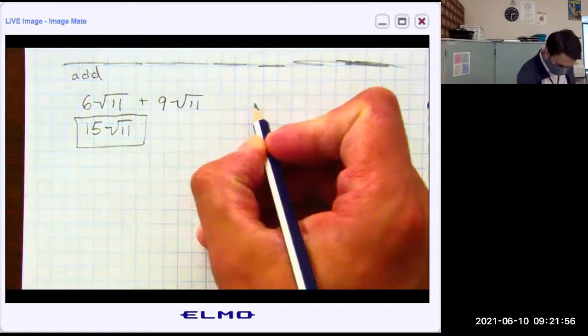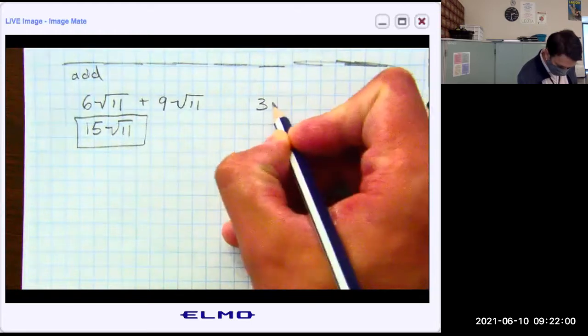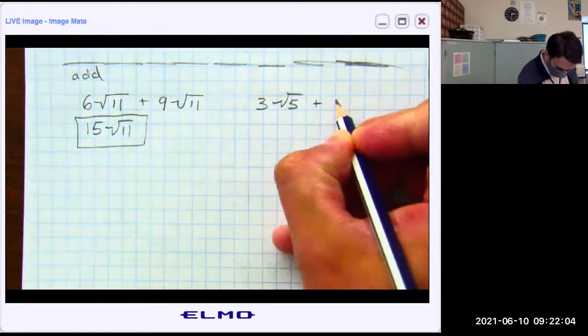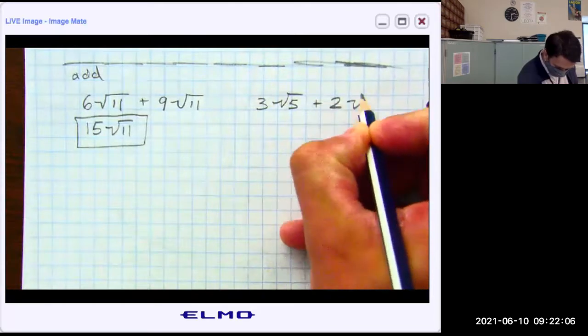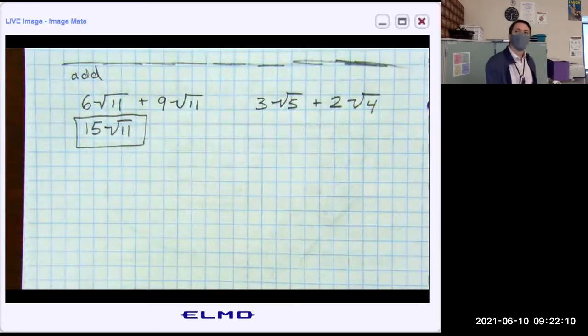What about this one? 3 square root of 5 plus 2 square root of 4. Well, this would be 3 times a number plus 2 times a different number.